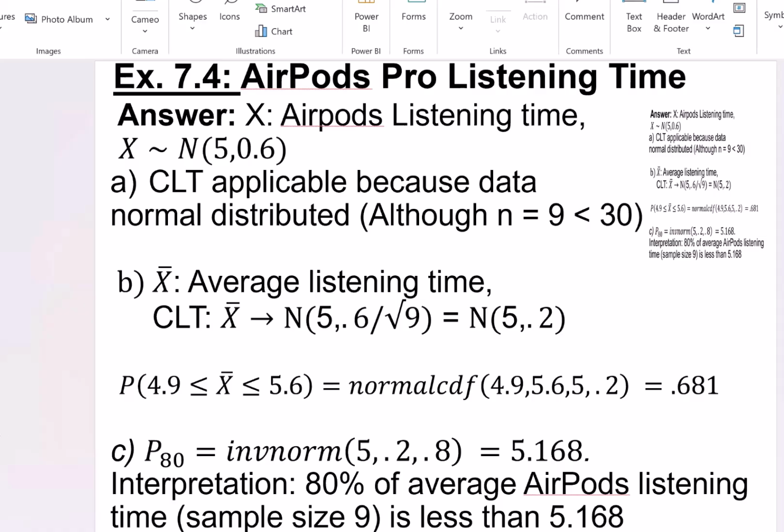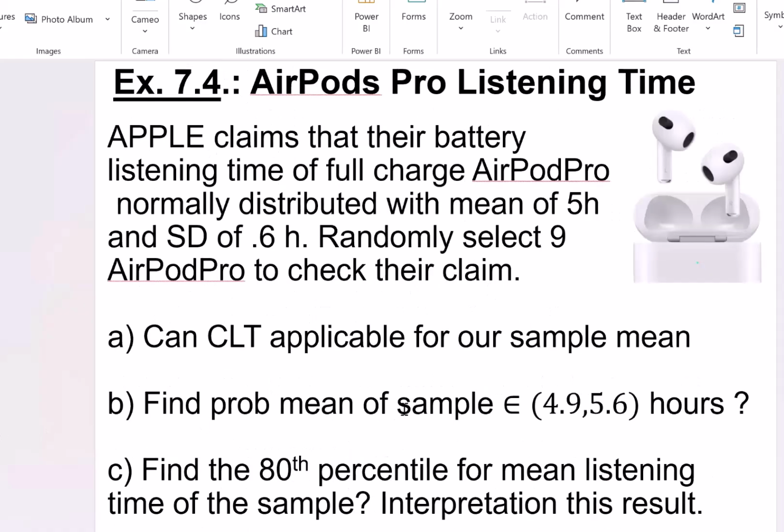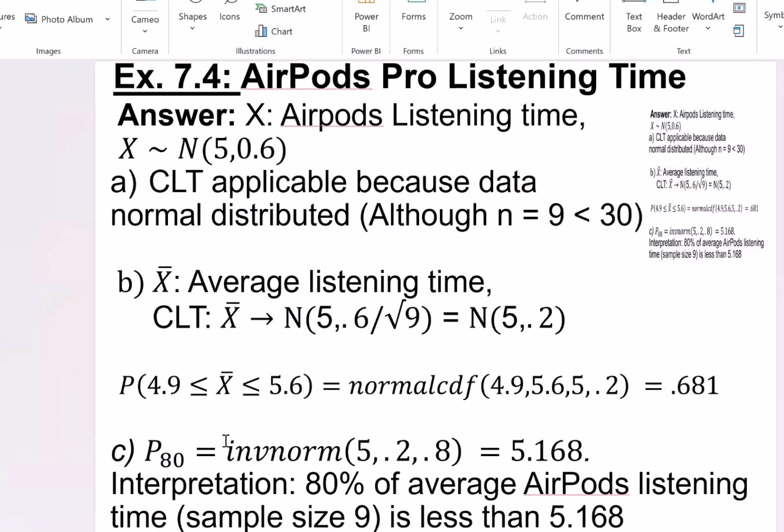And the question is to find the probability of the sample mean between 4.9 and 5.6 hours. Find this probability, X bar from 4.9 to 5.6, and it's just a normal CDF problem. Normal CDF, lower bound 4.9, upper bound 5.6, mean is 5, and standard deviation 0.2.